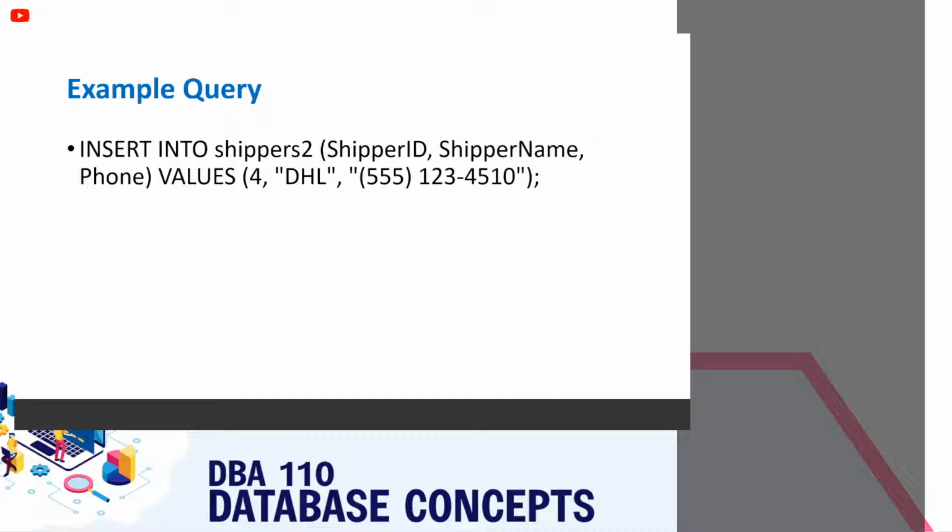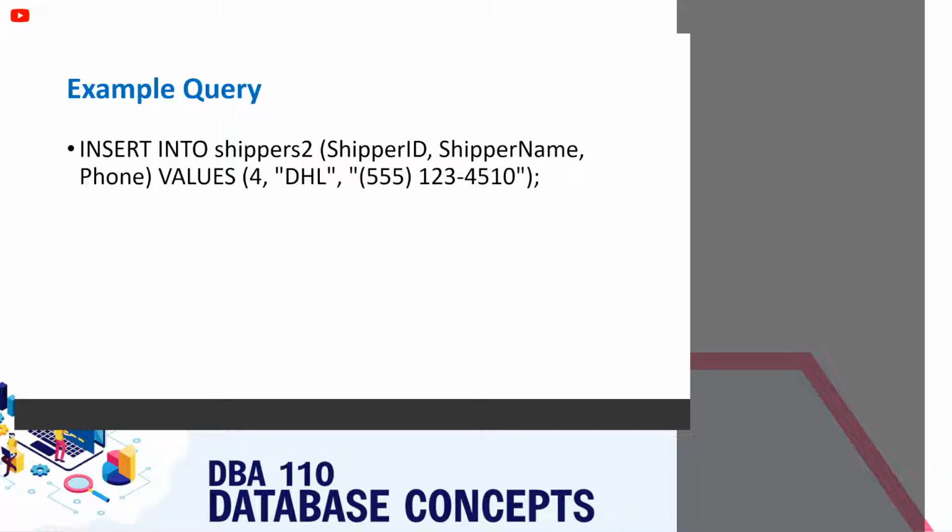In this case here, our table is called Shippers2. Right, when we get into our practice database that we're using here, I believe we made the champions table 2 weeks ago. It's been a little while since we have gotten into there. So we're going to insert into Shippers2 the shipper ID, the shipper name, and the phone.